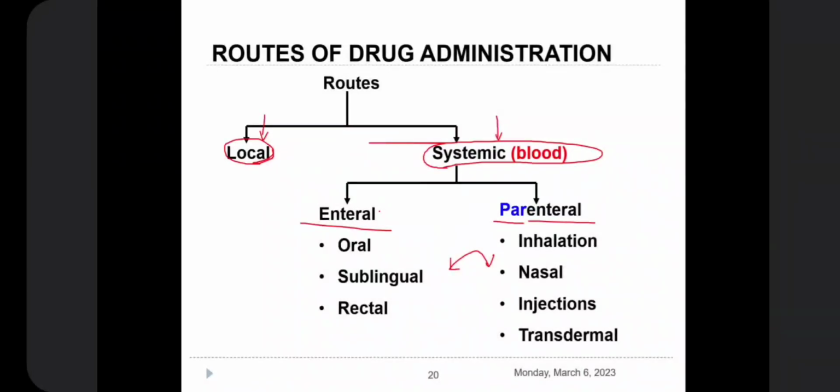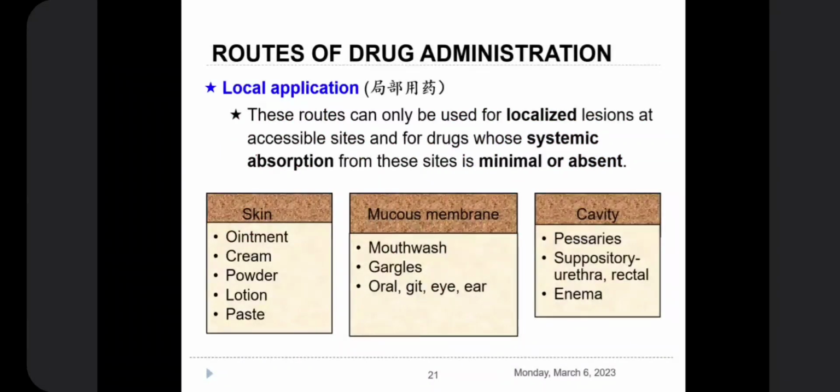Next one, let's see the advantages and disadvantages of different routes of drug administration. First one, local application. This route can only be used for localized lesions at an accessible site, and for drugs whose systemic absorption is minimal or absent. We just give a drug onto the local lesions and avoid systemic absorption. We call this local application.